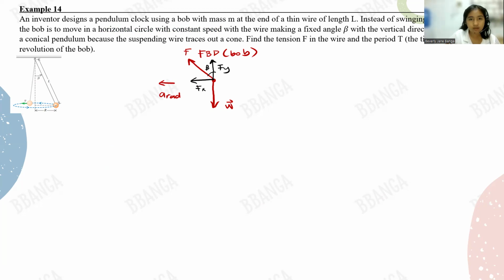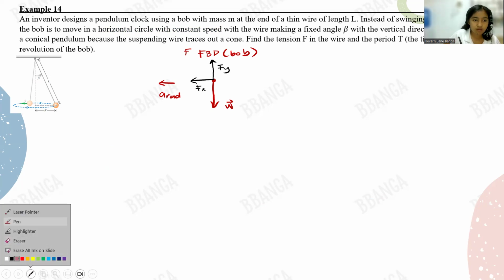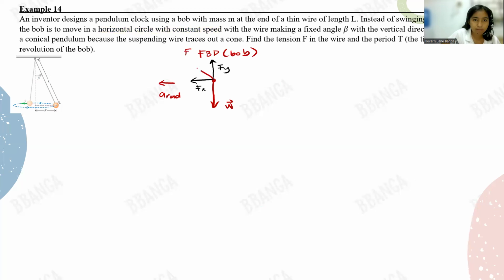Ay, baliktad. F. And then yung beta natin ay nasa loob. So, ito yung beta. Oh, no, sorry. Tama nga. So, ito yung F. Ito yung beta. Okay, so ganyan, di ba?